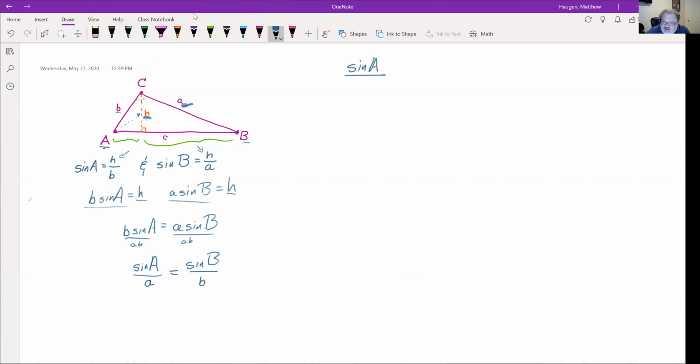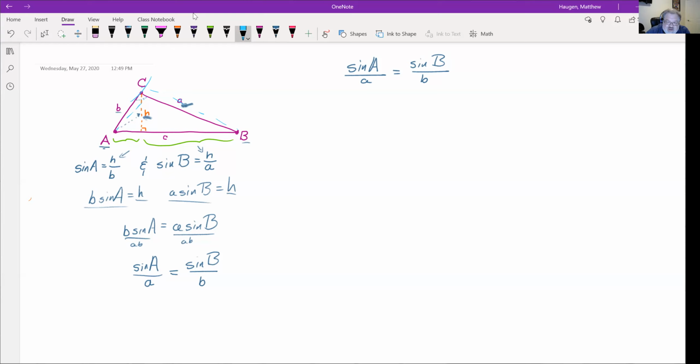Now, before I show you how helpful and cool this tool ends up being, I want to remind you that we could have just as easily dropped an altitude from A or an altitude from B and built two triangles and done this same argument. Because we dropped the altitude here from C, we got a relationship between A's and B's.